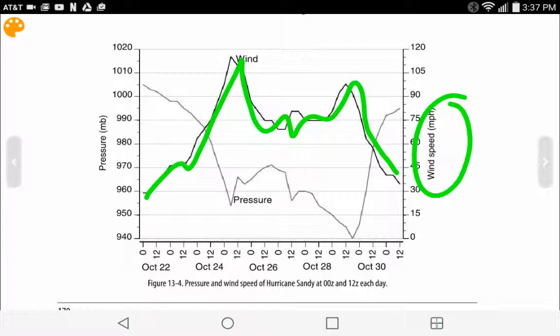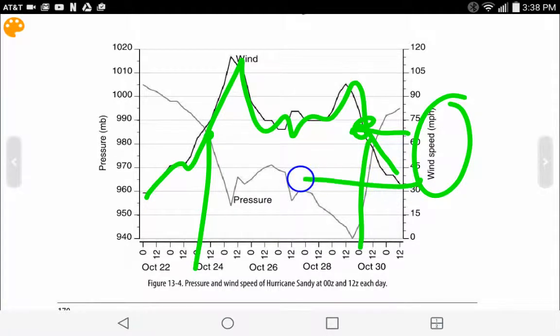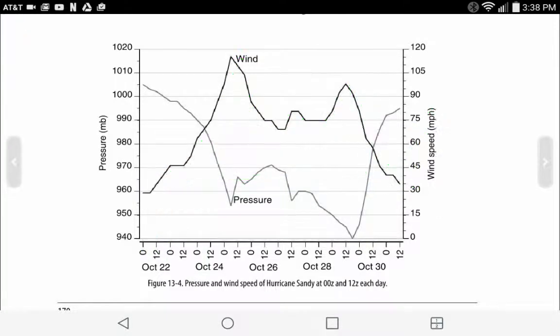The book defines hurricane speed as 74 miles per hour. So they want you to figure out when it was hurricane speed, let's say from the 24th of October at 12Z to the 30th of October at 0Z or something like that. And you can do the same sort of thing for tropical storm strength winds and find out when it crossed the lines there. That's all we're looking for on that. That's not supposed to be too hard.